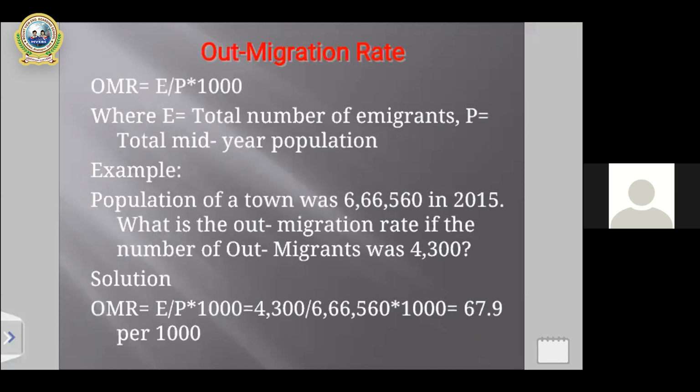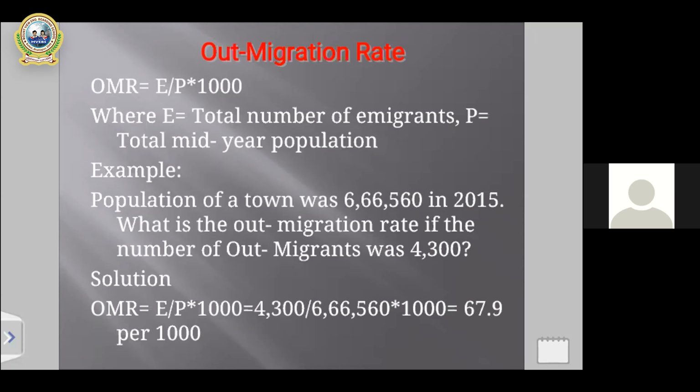For the calculation, first remember the formula, and for your ease, you can see at the top of the screen the formula of OMR equals capital E divided by capital P multiplied by 1000.